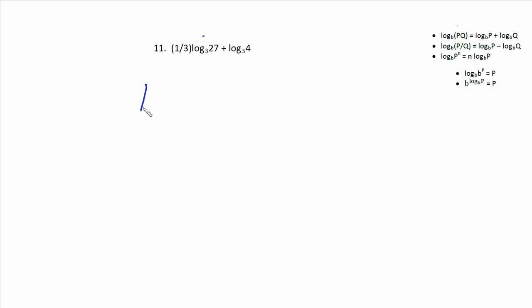The first thing I'm going to do is make this log base 3 of 27 to the 1/3 power. I'm applying the theorem that says a multiplier in the front can be brought up and condensed into the exponent. So that's what I've done here. That would be this theorem right here. And then plus log base 3 of 4.